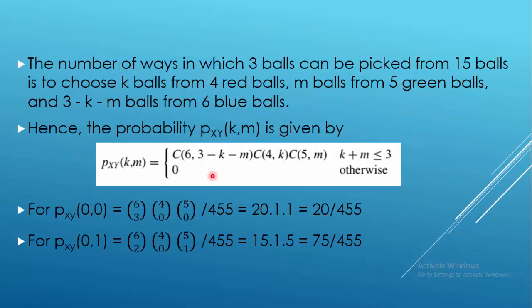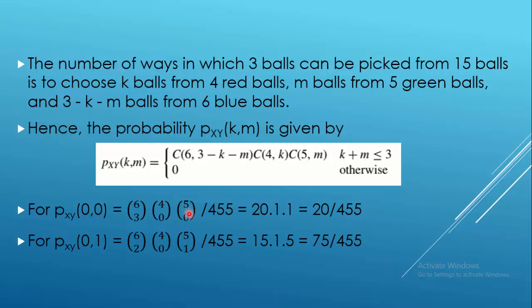So we have simply put here k and m, and here we have put the total number of red balls and green balls, or you may say x or y.